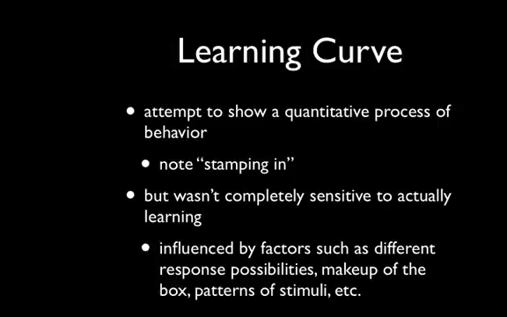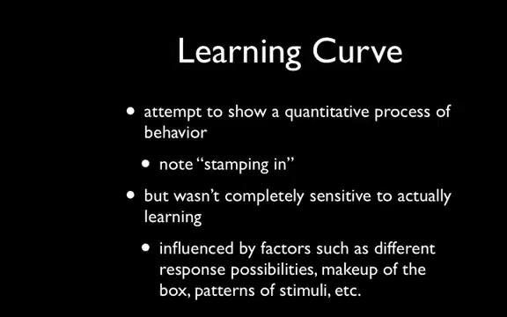Thorndike called this stamping in of an act. But Skinner, in this section of his chapter, is trying to point out that the learning curve depicts learning, but it doesn't show actual learning, the process of learning. I hope you understand the difference.